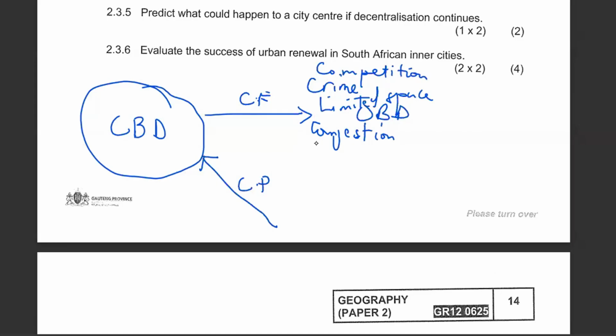Those are things that repel activities from the CBD to the outlying business district. Then the centripetal, we look at things like prestigious location, for prestigious reasons.